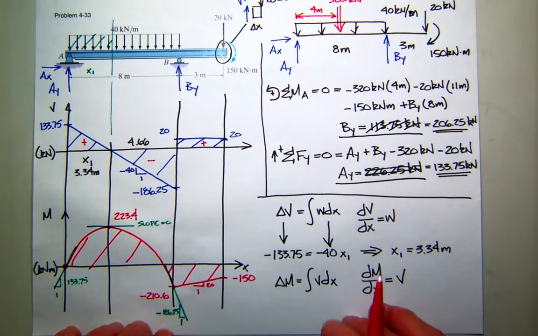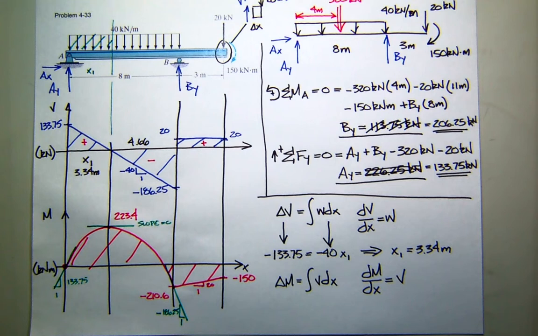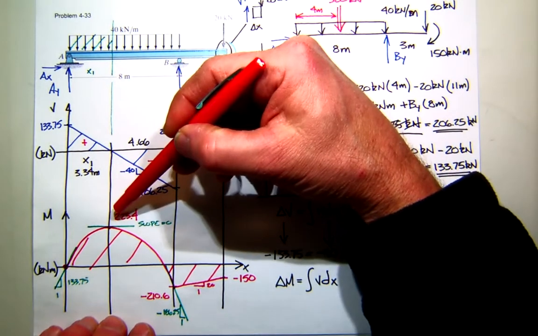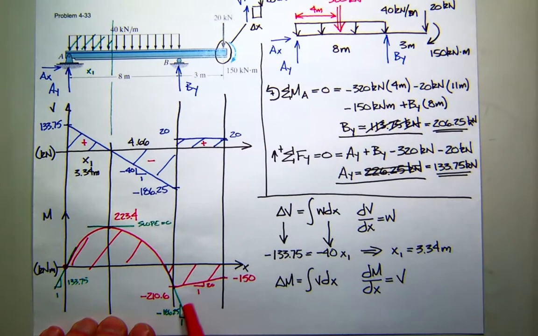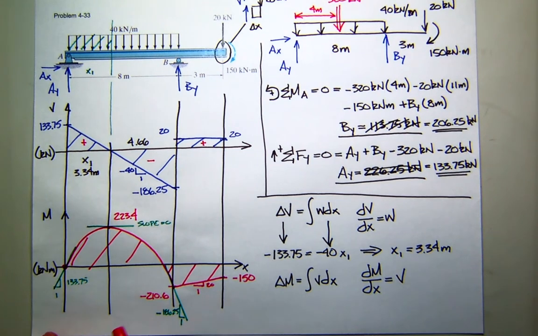So what's the maximum moment? 223.4. Now if you were making a concrete beam, you would have to worry about the maximum positive moment and the maximum negative moment. And you have to design your beam to handle both of those. Steel, you don't have to worry about it. You just design it for the maximum moment. It'll handle it both in compression and tension equally.